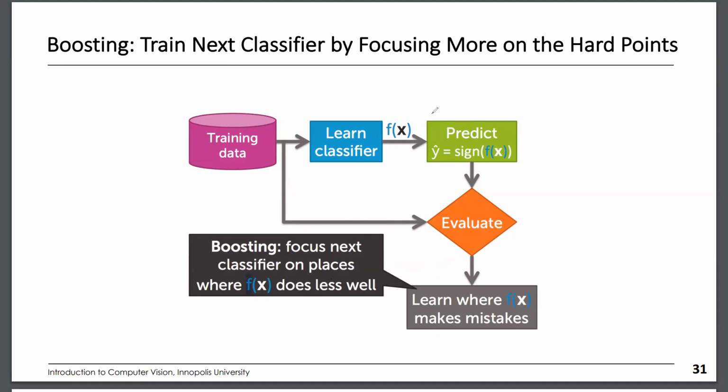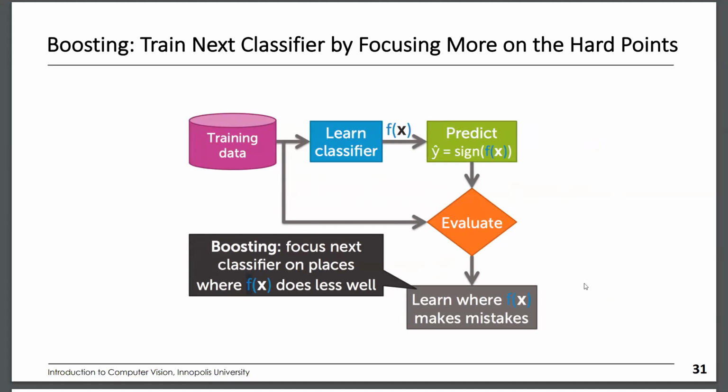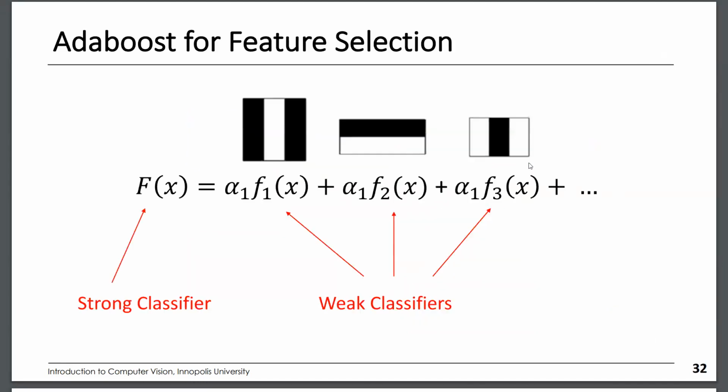So it's a very sequential process, right? We train one, and then we train the next one on the mistakes of the first one. Then we train the third one on the mistakes of the first and second. We train the fourth one on the mistakes of the third, second, and first. This allows us to build a much stronger classifier, which is the combination of all of these weaker classifiers.